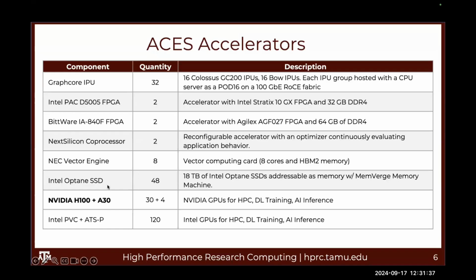Our A30 has a smaller GPU memory, but the H100 has a large memory of 80 gigabytes. In my testing on ImageNet, which is much bigger than MNIST, the images are about 256 by 256, and someone reminds me of the size of ImageNet.